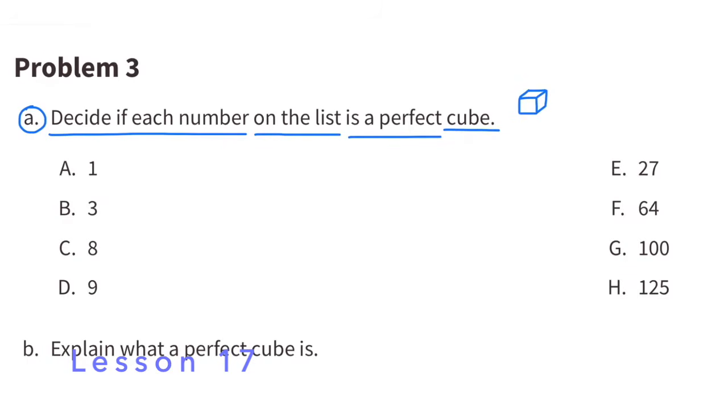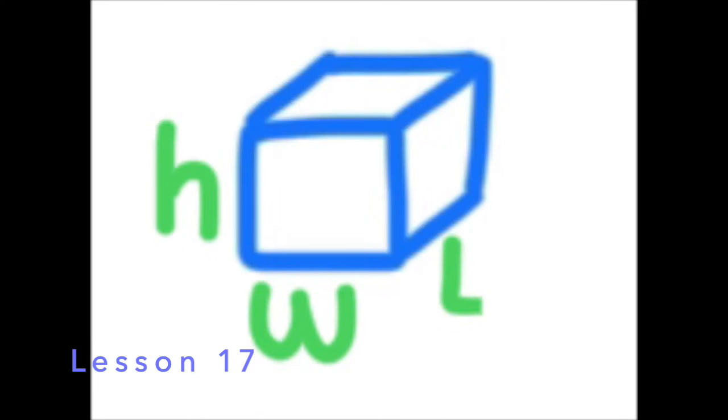Number 3. A. Decide if each number on the list is a perfect cube. Cubes are three-dimensional. They have a height, a width, and a length.